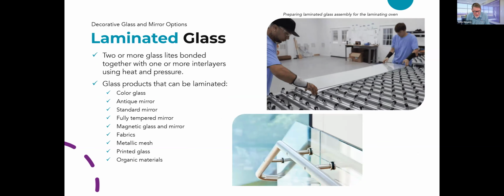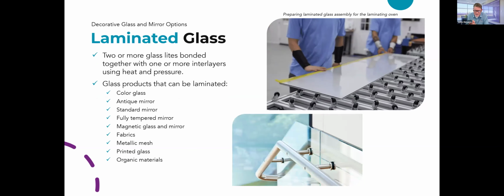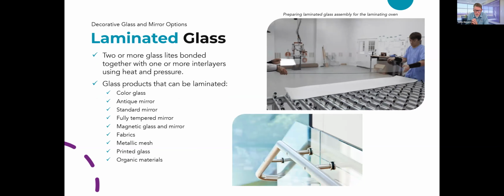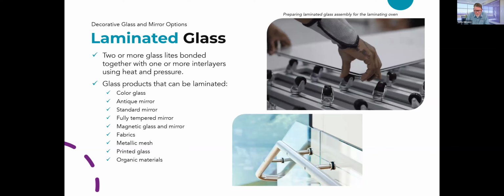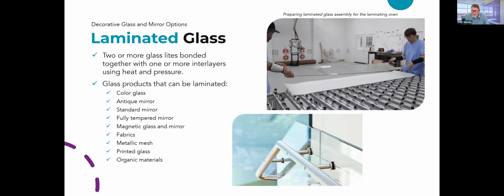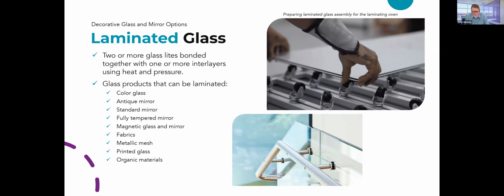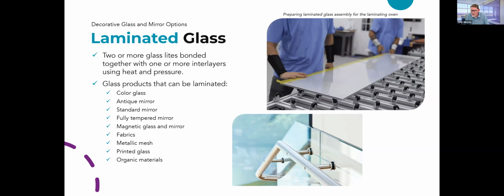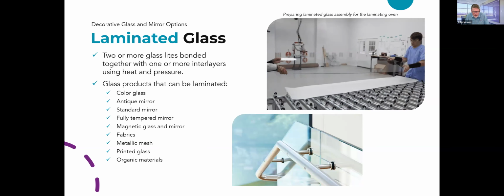Now, laminated glass consists of two pieces of glass bonded together with an inner layer using heat and pressure. The glass and inner layers can be supplied in various colors, performance characteristics, and thicknesses to provide the desired appearance and final performance.